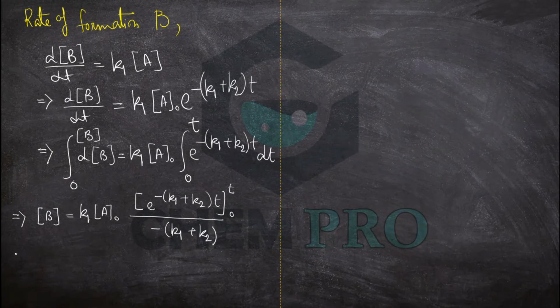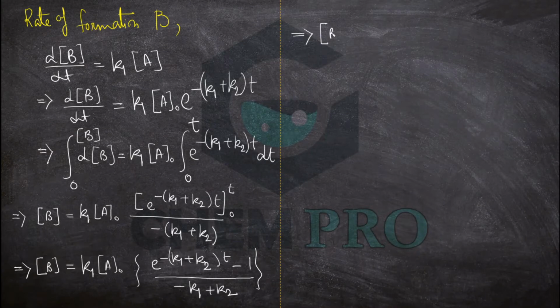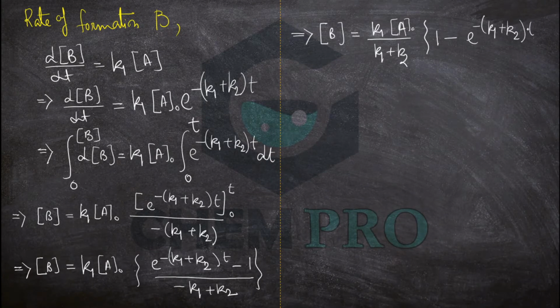By putting in the limits we get the concentration of B equal to K1 A0 times (e to the power minus (K1 plus K2) t minus 1) divided by minus (K1 plus K2). Hence the concentration of B equals K1 by (K1 plus K2) into A0 into (1 minus e to the power minus (K1 plus K2) t).